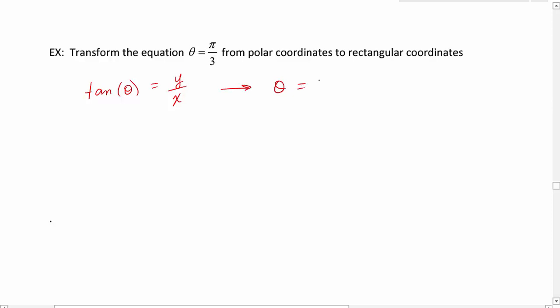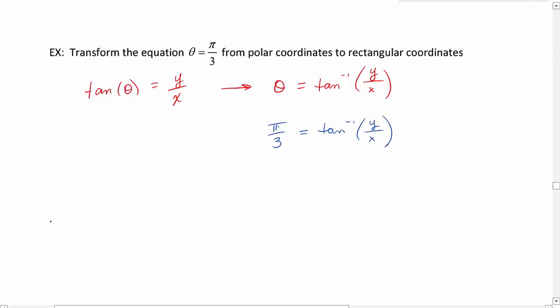Theta is going to be equal to tan inverse of y over x. So I'm just going to take that pi over 3 and substitute it in here for theta. So pi over 3 is equal to tan inverse of y over x.